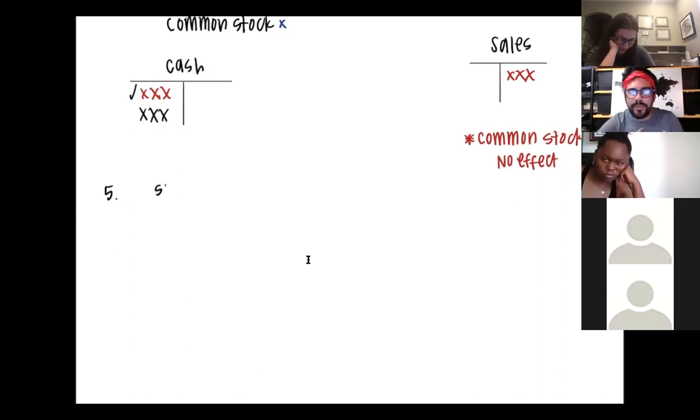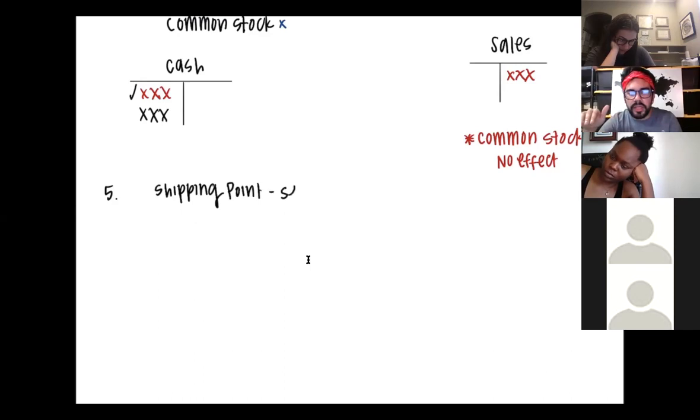The way I remember these terms is just S goes with S. So shipping point, buyer, and destination, seller.